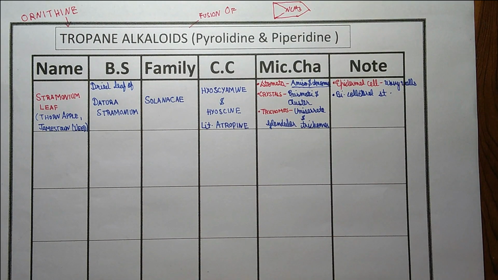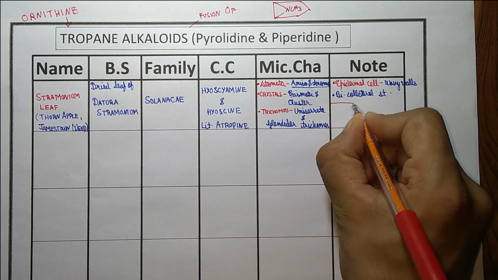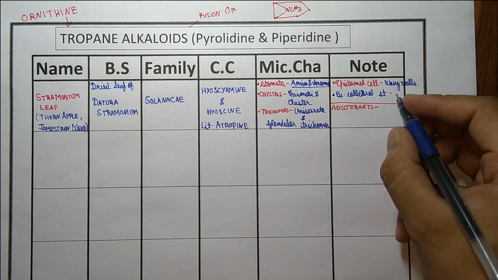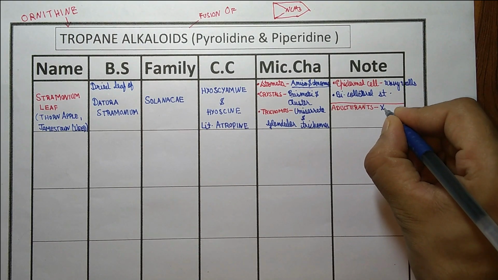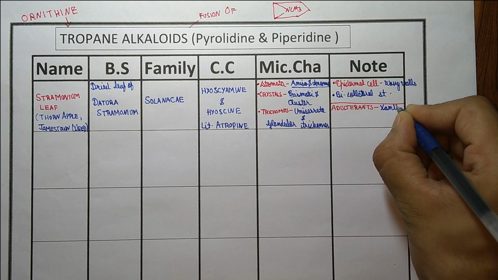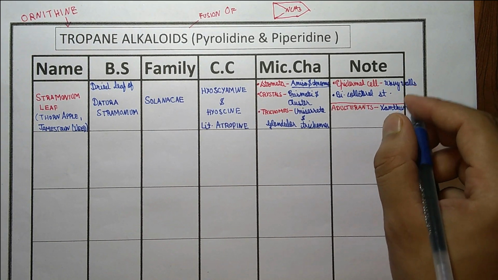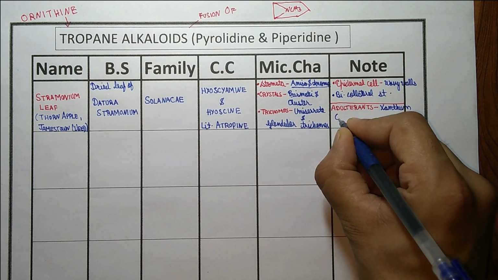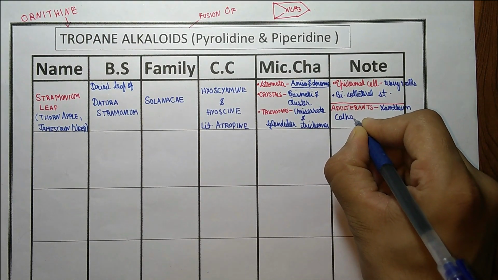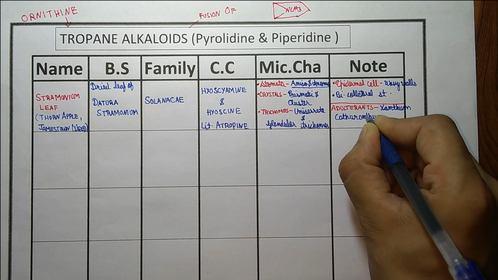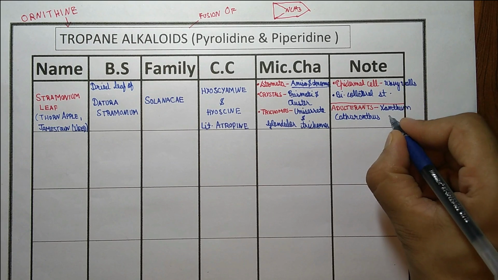Now coming to the adulterants. There are three adulterants. Adulterants are the leaves of Xanthium, Catharanthus, and Chenopodium.